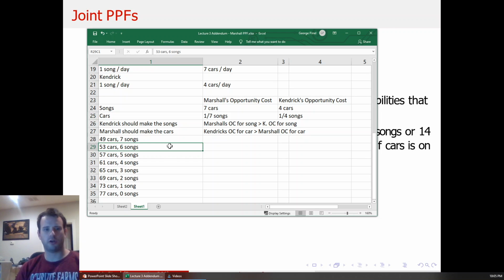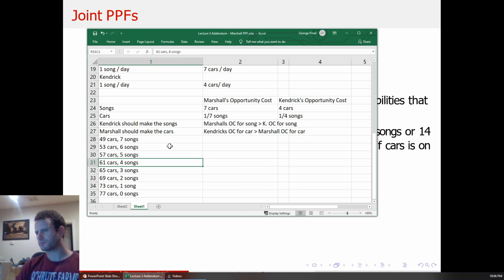And if the price is right, you want to make only cars and 0 songs, right? That's still an efficient outcome because you're still assigning the person with the lower opportunity cost to do the thing they have a lower opportunity cost of doing. It's just that the economy values cars more than songs. So it might be the case that they're both doing their comparative advantage thing, but someone else has to chip in and suffer some of the opportunity cost.